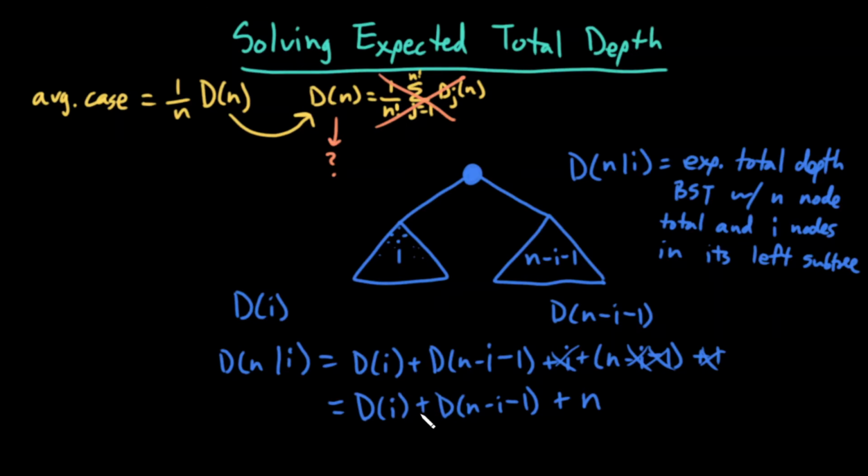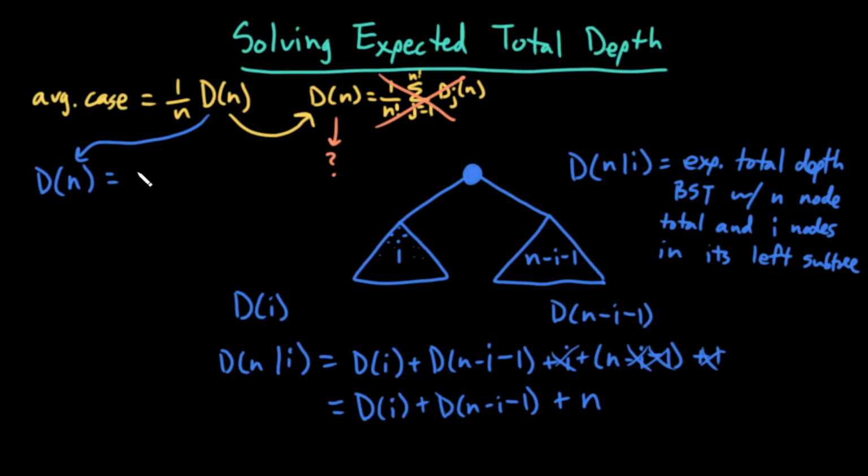So how can I use this to solve my answer? Well, d of n, which is what I'm looking for, equals the expected value over all possible I's.